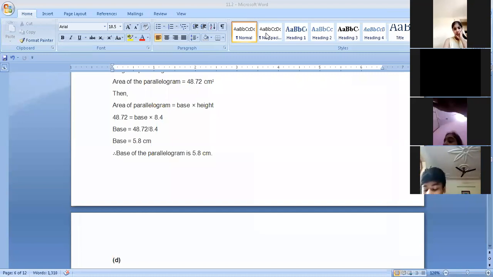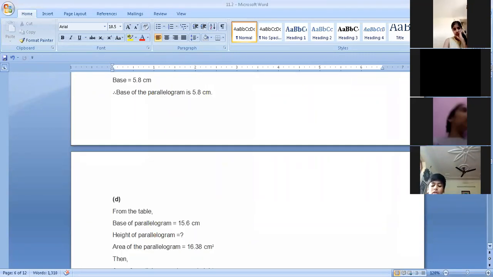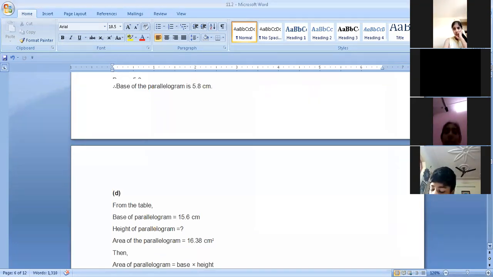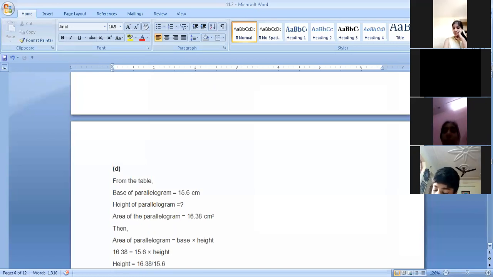Next question, D part. Base is 15.6. Height is not given and area is given. Apply the formula, divide the value. Yes, Jessica, all the answers are right. Kavika, right answer. Sharvil, Avika, Astha, correct answers.